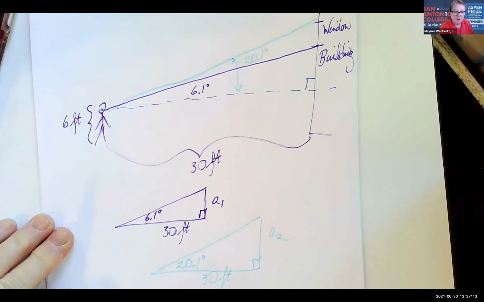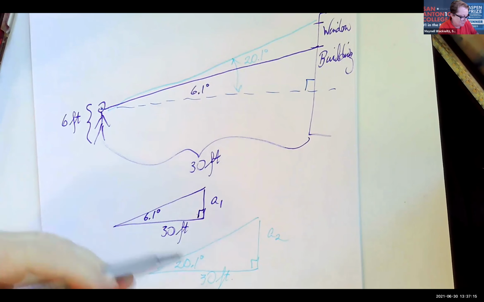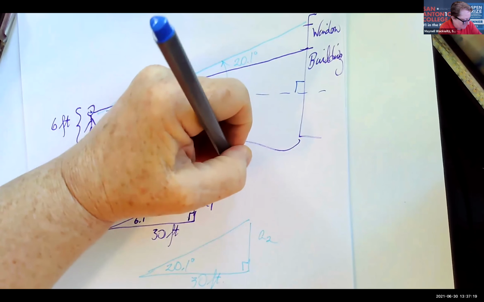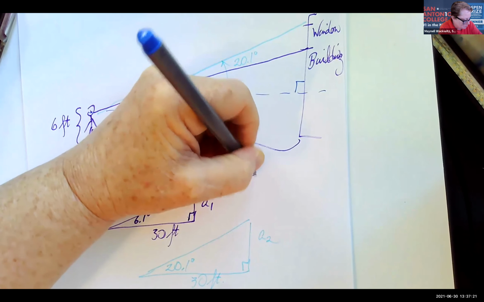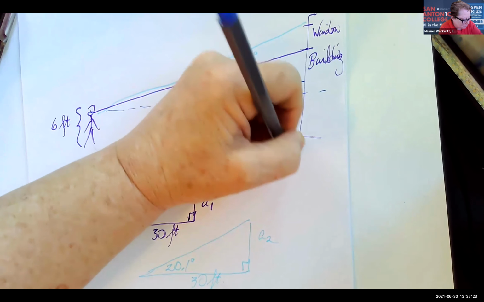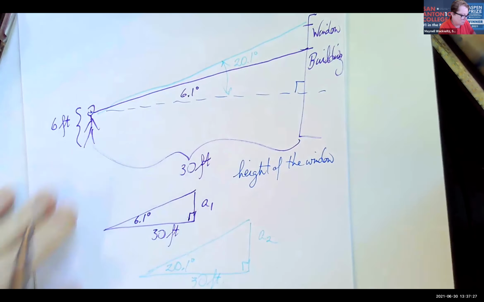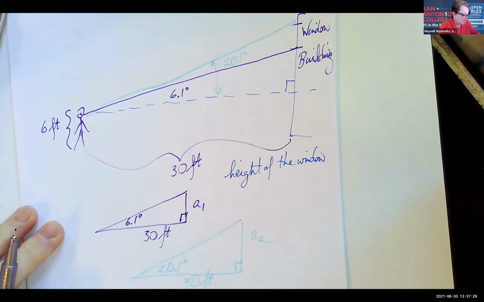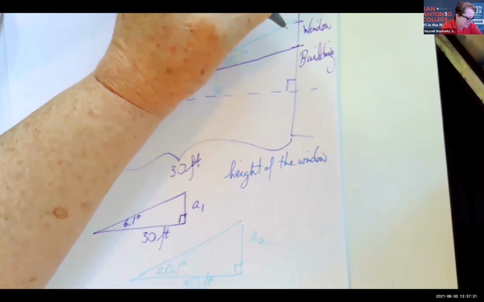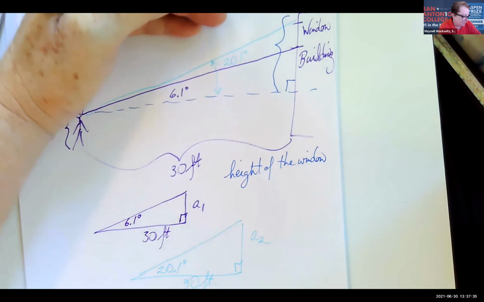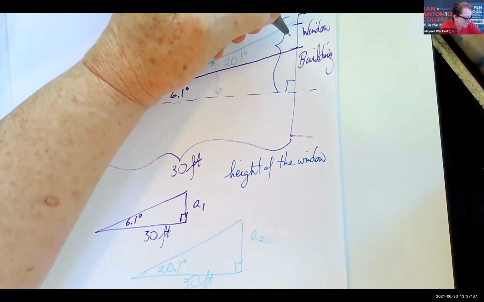Awesome. So what we know is that the height of the window... well, gosh, A2 is the entire height, including the window.